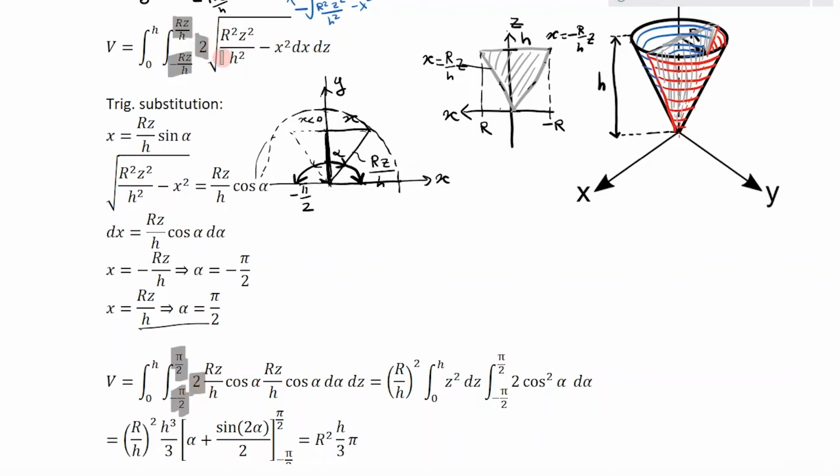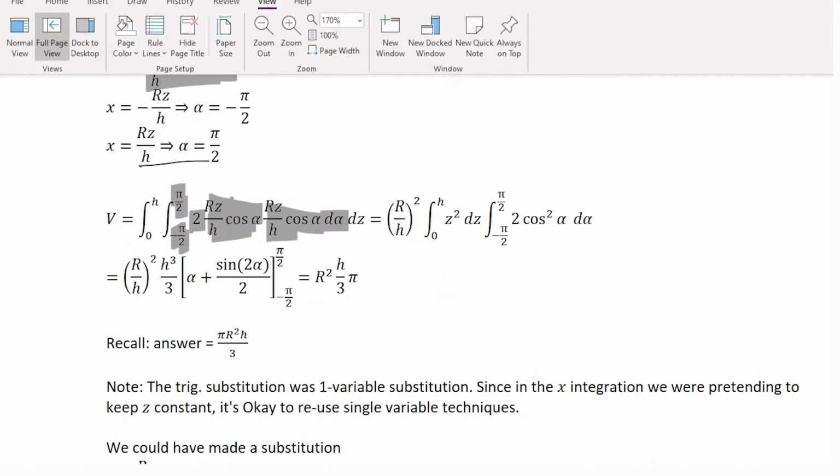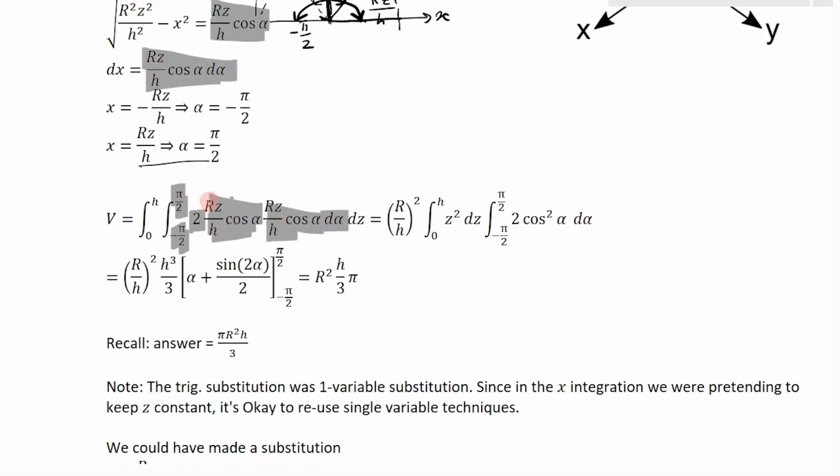Then we have this guy, which we figured out, oops, no, wrong one, was this. Then we have dx, which is rz over h cosine alpha d alpha. The next thing that happens is this r over h and r over h come out of the integral because they're constants.